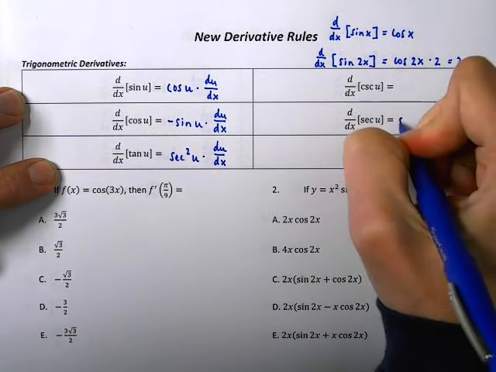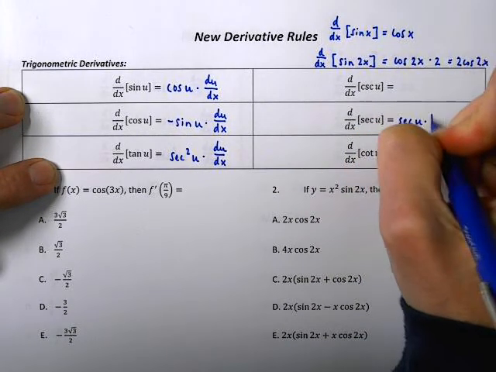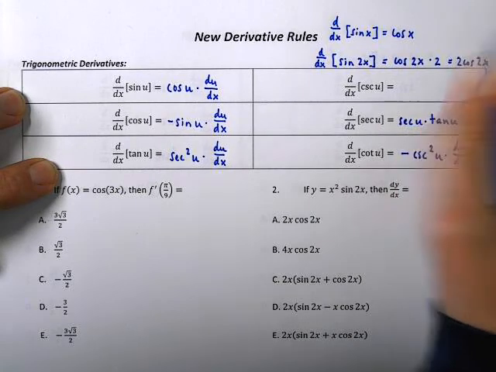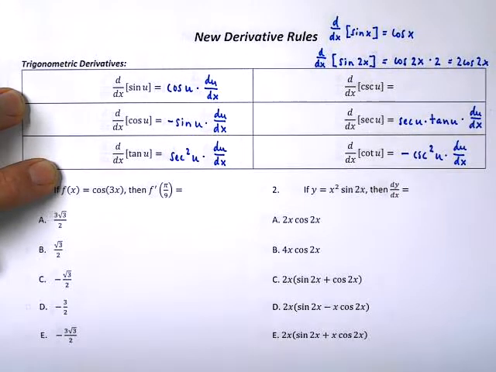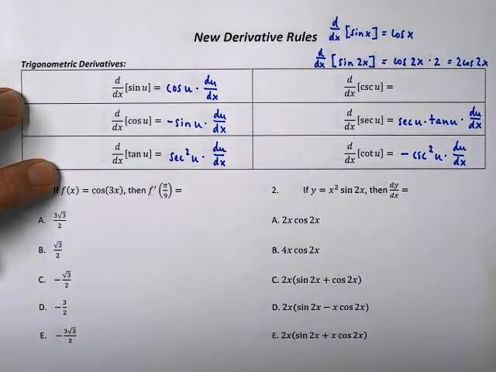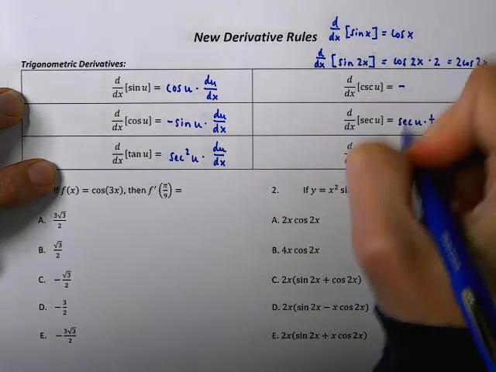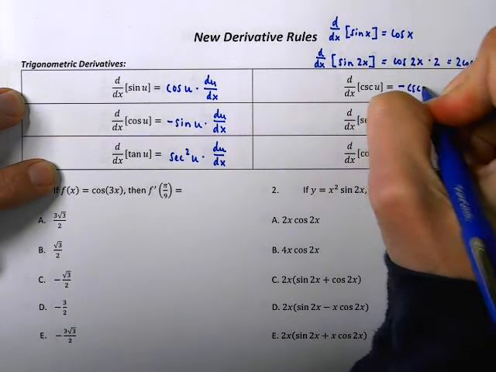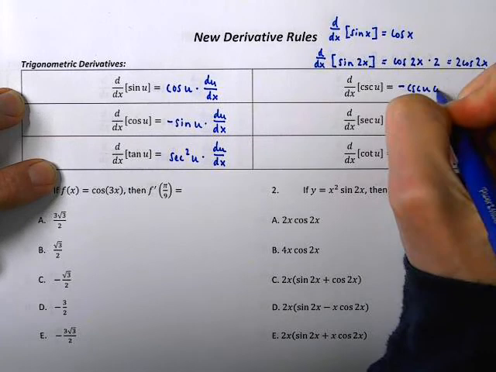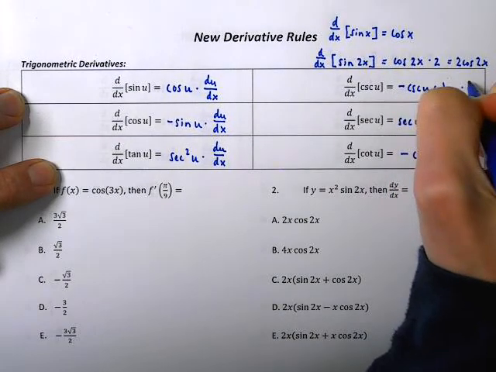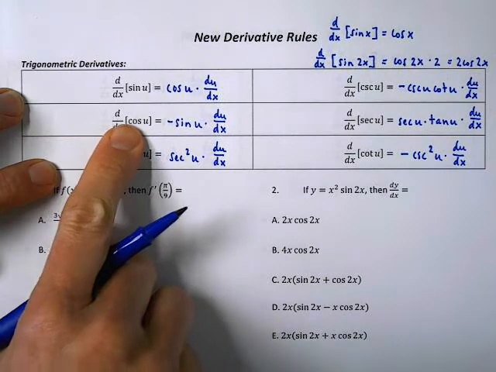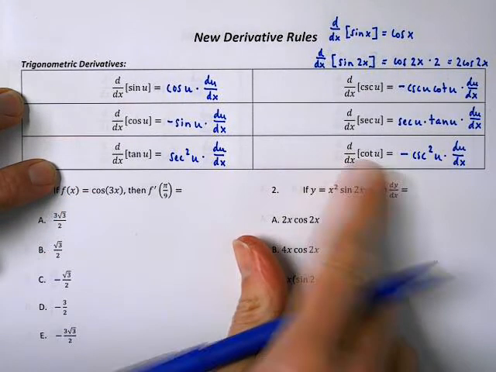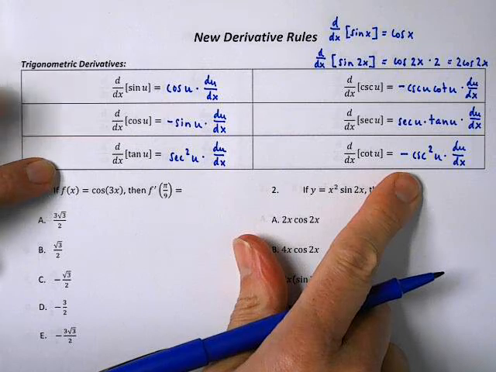The derivative of secant is going to be secant of u times the tangent of u times du dx. And then for cosecant, we're going to have opposite. Instead of secant, it's going to be cosecant of u times cotangent of u times du dx. So you can see every time we have one of the cosecant, cosine, or cotangent, our sign is always going to be negative in front.